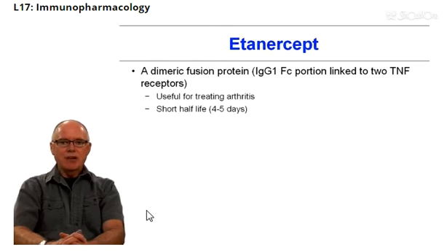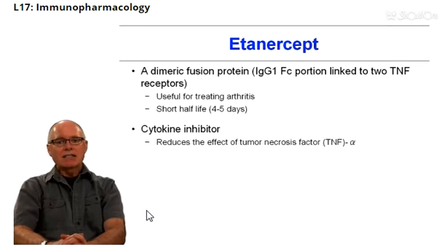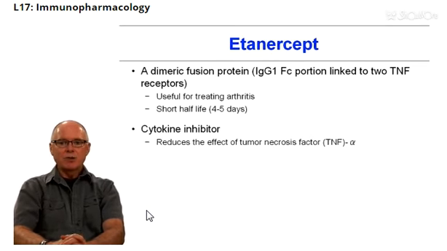Etanercept is a dimeric fusion protein made up of two soluble human tumor necrosis factor, or TNF, receptors linked to the constant Fc region of human IgG1. This drug acts as a cytokine inhibitor by reducing serum levels of TNF-alpha, which is a pro-inflammatory cytokine.